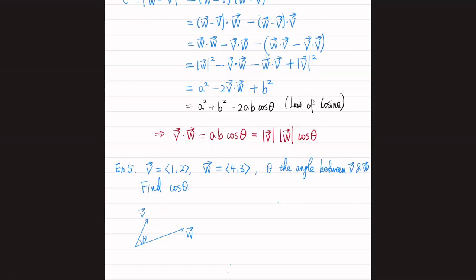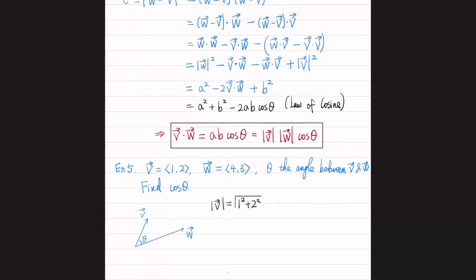Okay, in this formula, could we find the norm of v? What's the norm of v? 1 squared plus 2 squared under a square root.